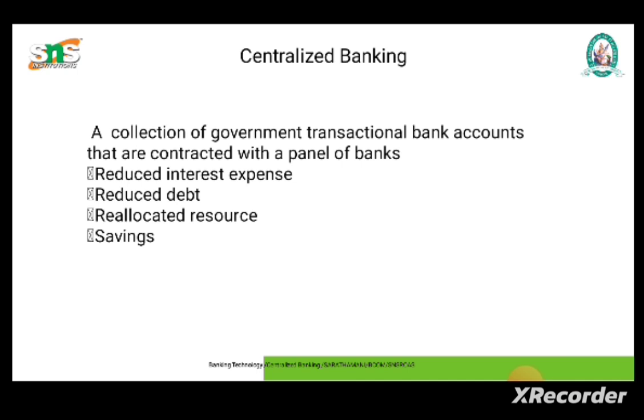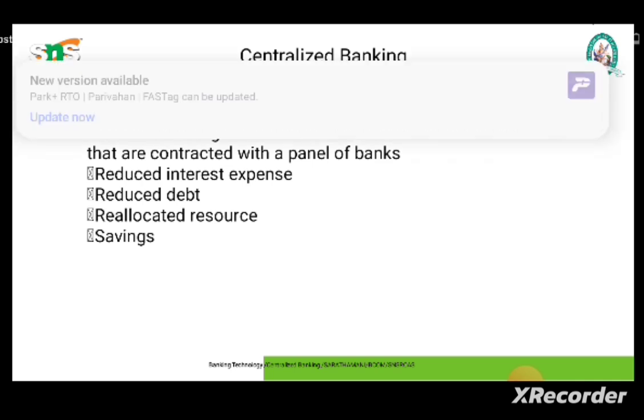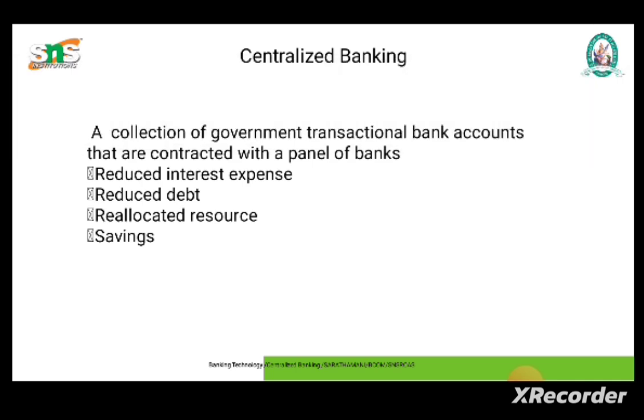The next one is reduced debt. The state's gross debt can be reduced, which can improve its credit rating. The next one is reallocated resources.